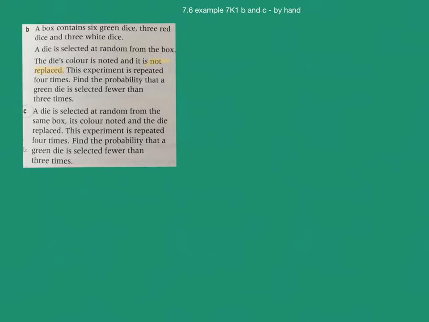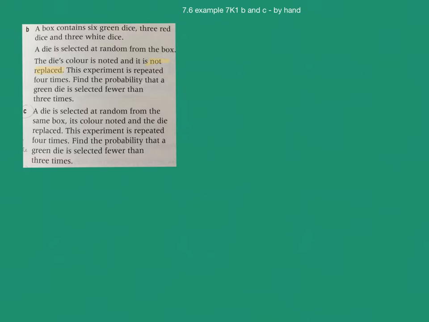On C, on the other hand, a die is selected at random from the same box, its color noted and the die replaced. So here we do have replacement. This experiment is repeated 4 times. Find the probability that a green die is selected fewer than 3 times.